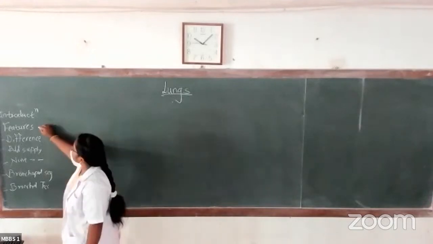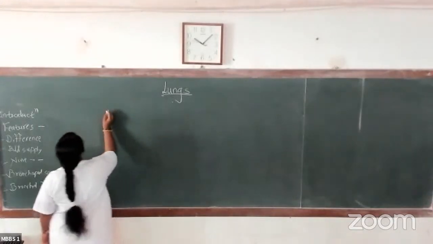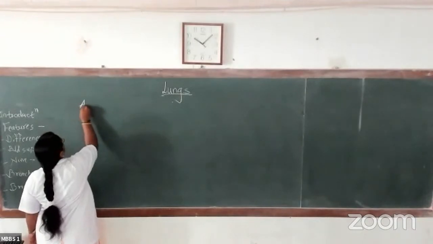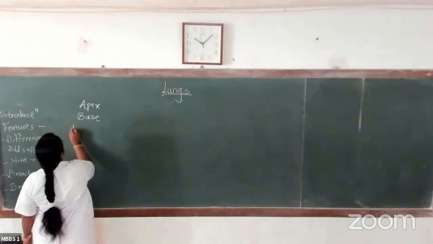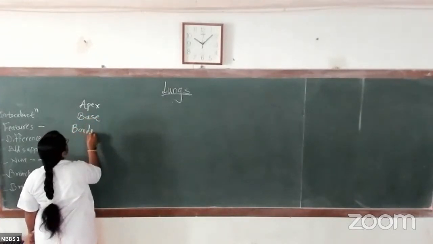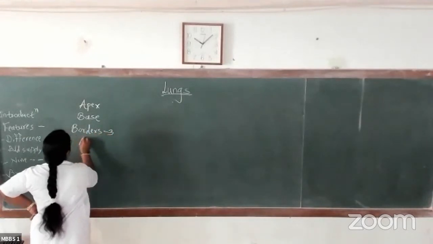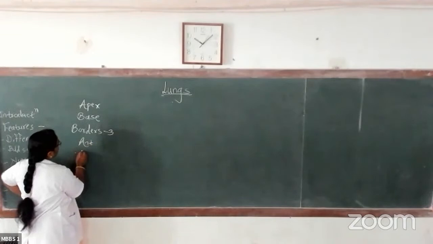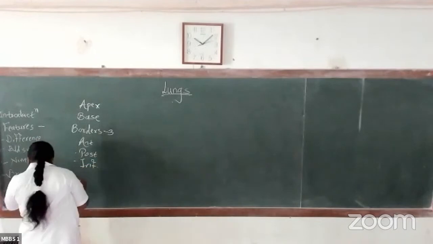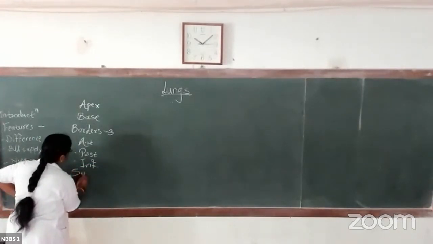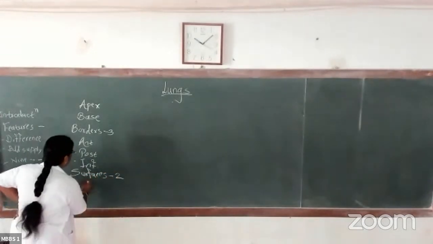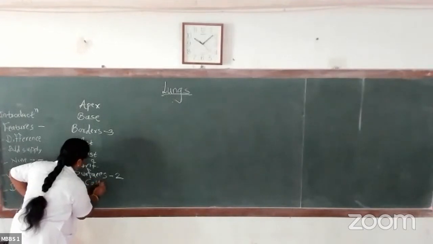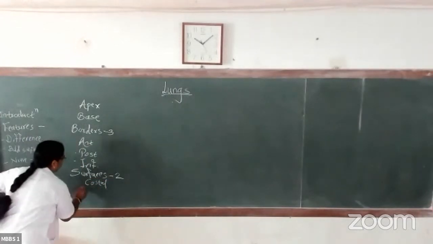Now, the features of the lung. The lung has an apex and a base. There are three borders: anterior border, posterior border, and inferior border. There are two surfaces: one is the costal surface and the other is the medial surface.